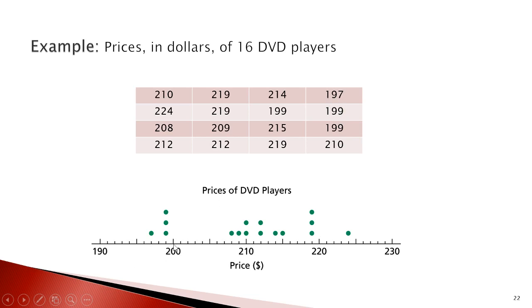It is plotted at the point 197, and then there are three values for 199, so there are three dots in the place of 199. Like that, we can plot the dot. We can get the dot plot by plotting each and every value using a dot.